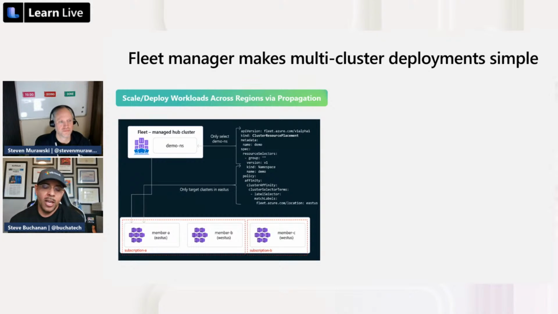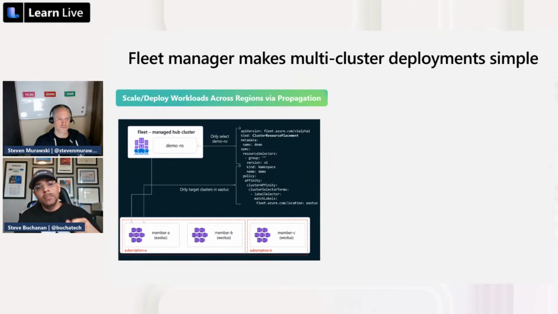So I want to highlight some of the features of Fleet Manager, and one of them is this propagation, right? And so you have resources in Kubernetes, and you can use this propagation to essentially propagate resources across many clusters, right? So you could do it once and let Fleet Manager propagate that for you across the many clusters, kind of like what we're doing here.